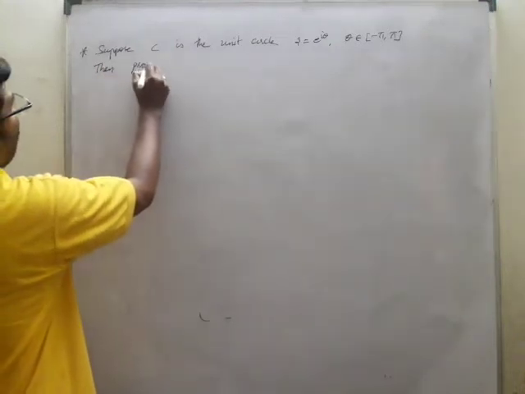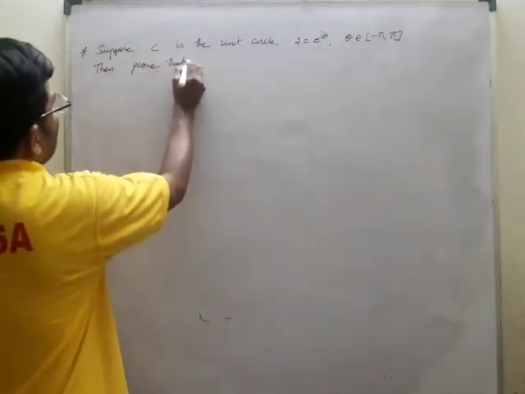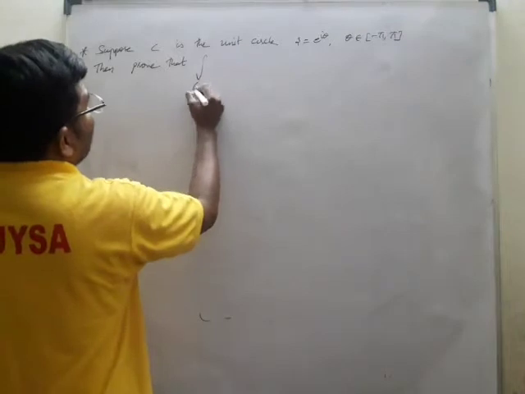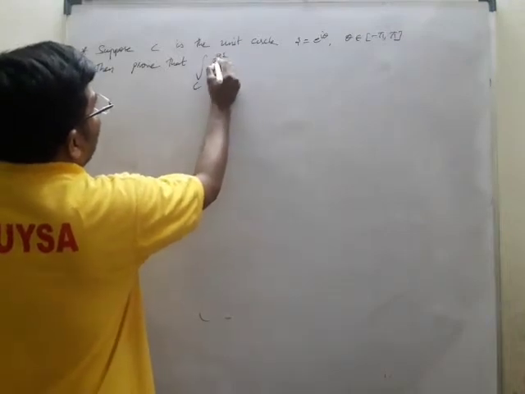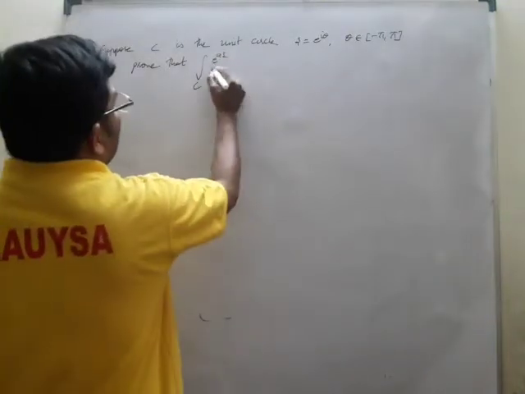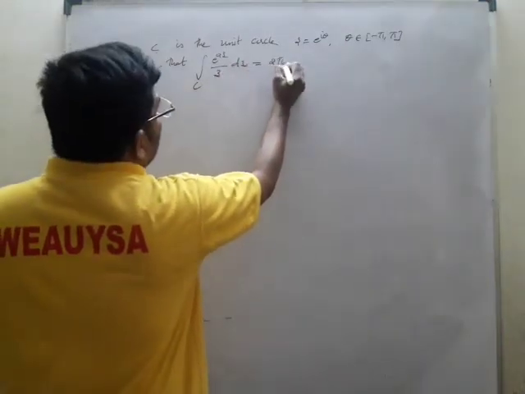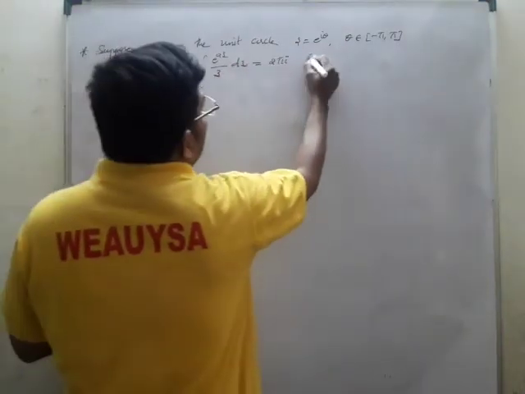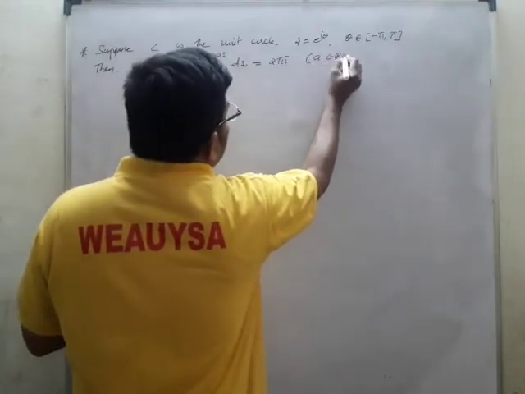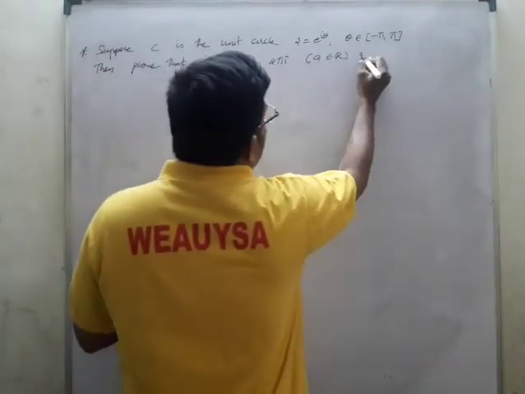Then prove that the integral over C of e power az by z dz is equal to 2 pi i, where a belongs to R.